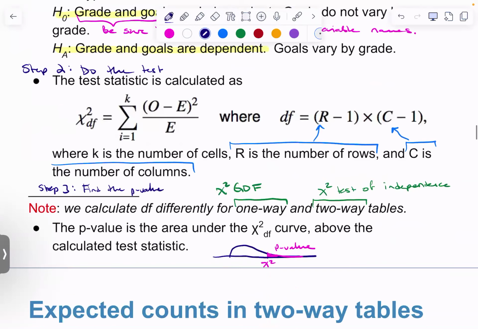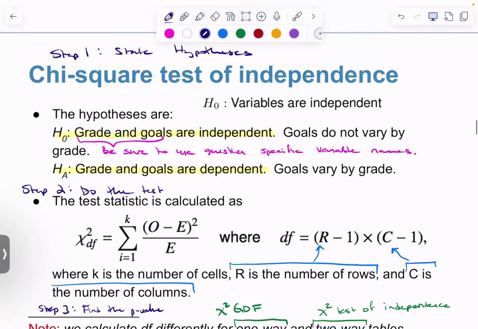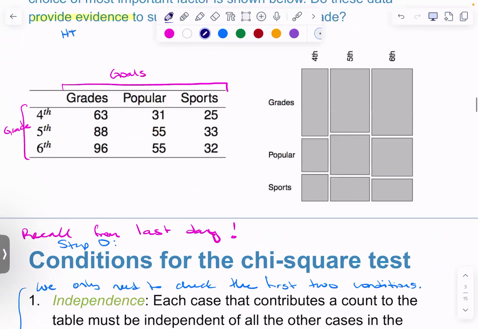But let's go ahead and actually do it. Or I might, yeah, we're not actually going to do it because it's a lot of math, but I do want to show how it works.